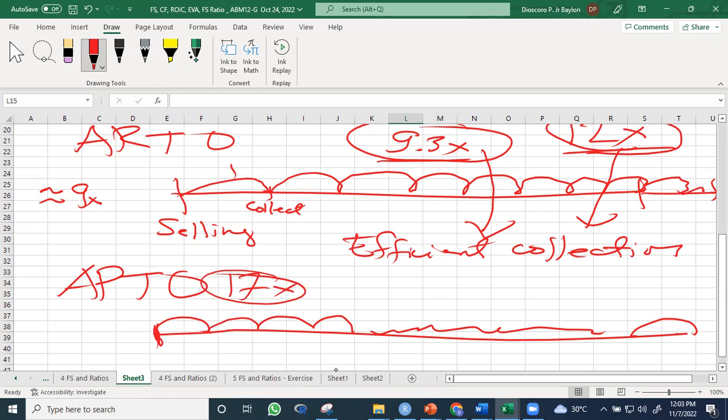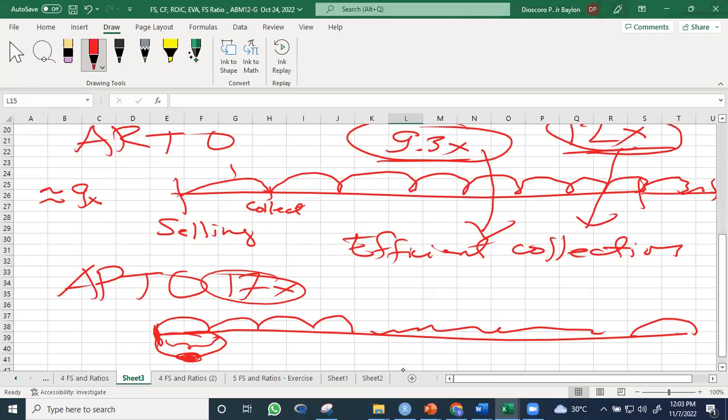Ano yung implication niya? Kung mas maraming beses yan, ibig sabihin nito, shorter period lang yung binibigay na term sa kanila. Di ba? Kasi kung maraming beses to isang taon, in a while we'll be converting this into days. Makikita natin, mas shorter days yung terms na binibigay sa kanila.